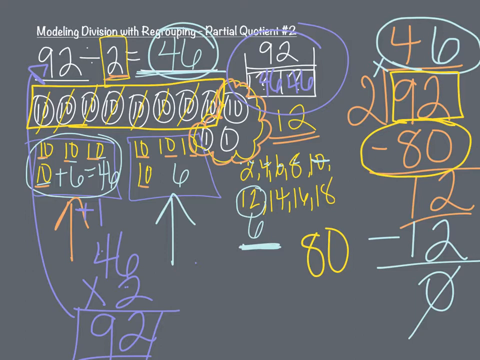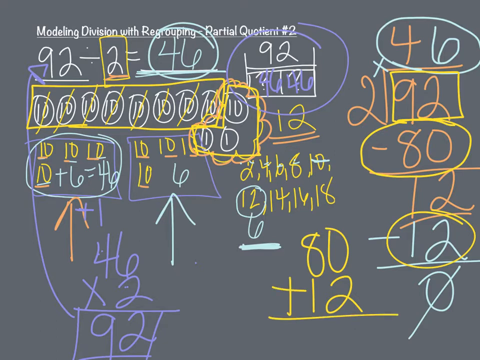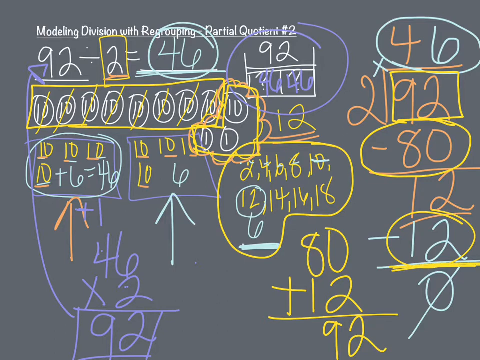Then I pulled apart the 12. What is 80 plus 12? That's right, 92. So showing that I can pull 10s and then I can use my multiples to figure out my next partial quotient is how I divided to find my answer.